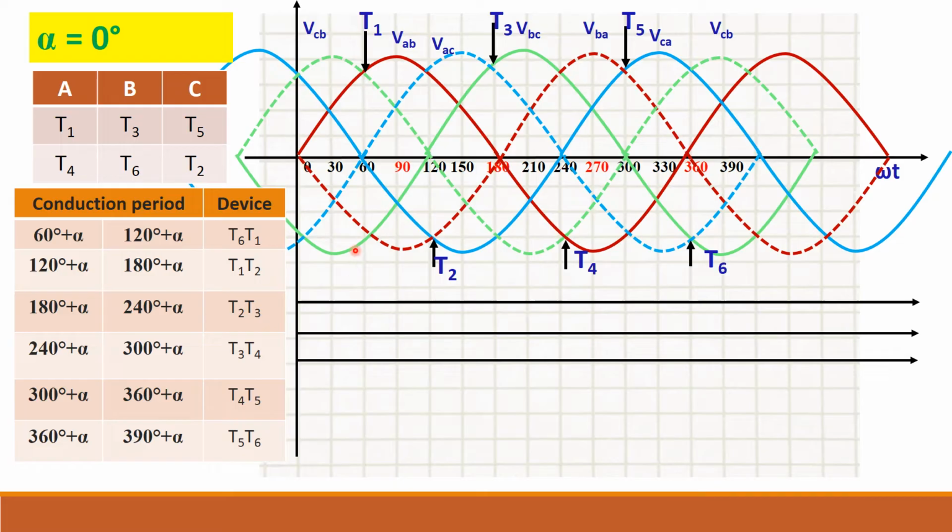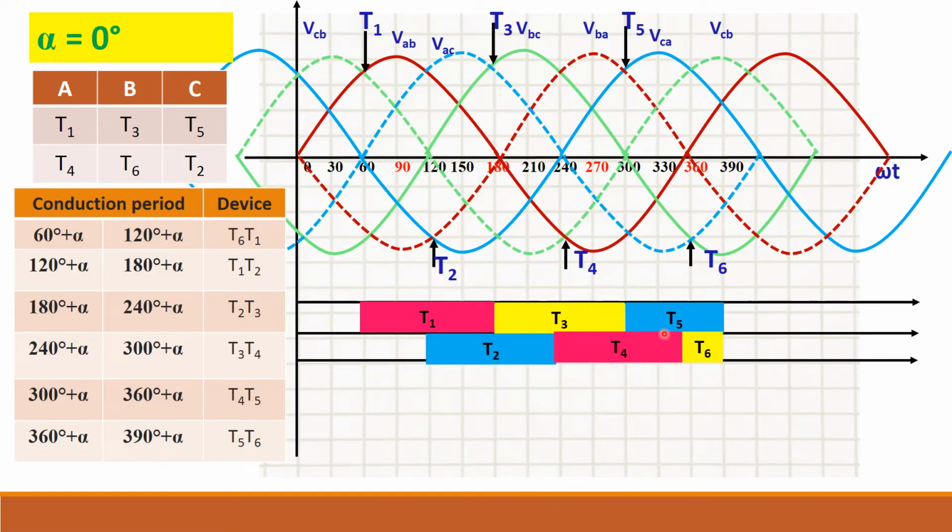Now we will mark this combination of devices here. So I am drawing from this point to this point. T1 is in conduction, then T3 from this 180 degree to 300, T3 will be in conduction, and after that T5 is in conduction. So similarly mark for bottom devices also.